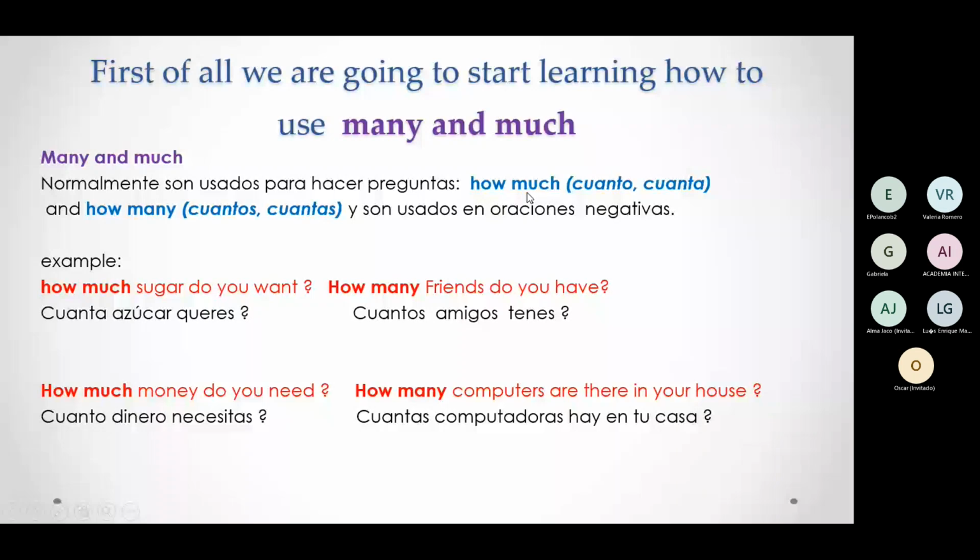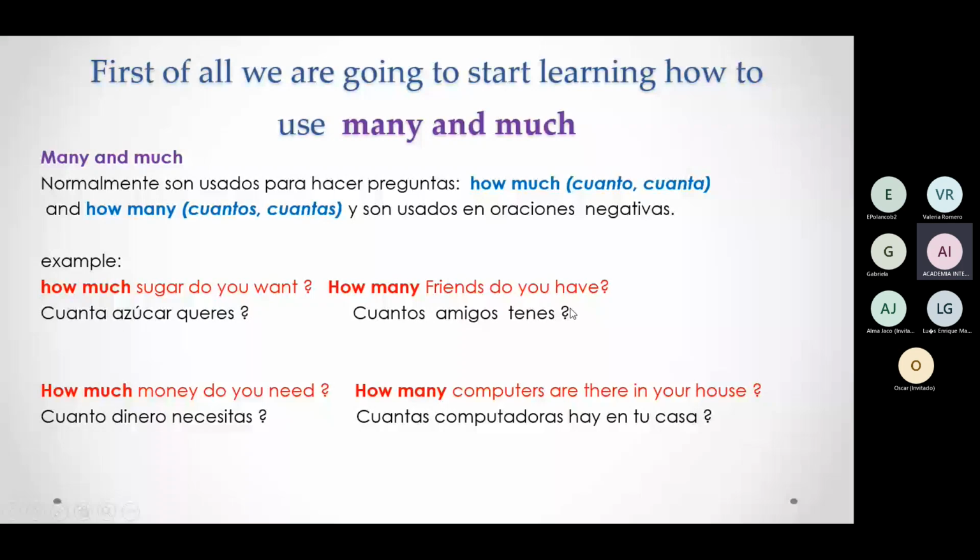Y many ya se usa con cosas que sí se pueden contar, objetos que puedo contar, ¿verdad? Cosas. Y se usa en plural, obviamente, como por ejemplo friends. And if you pay attention, those are sentences but are interrogative sentences. They are questions. Ellas son preguntas.